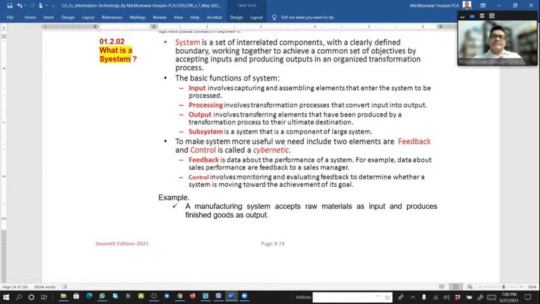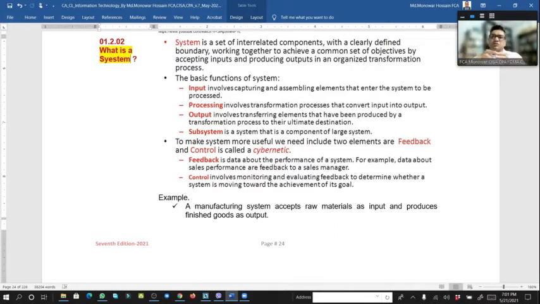To make a system more useful, we need to include two elements: feedback and control, just like in our communication. The sender sends the information through a channel. After processing, it goes to the receiver. After receiving, the receiver gives feedback to the sender.